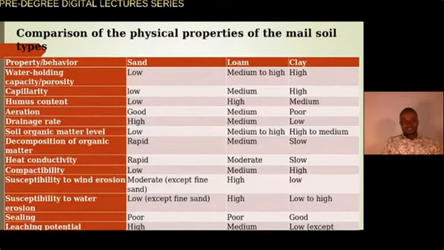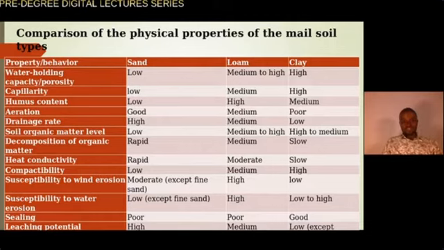The table here gives a comparison of the physical properties of the main soil types. The first column is the property or behavior of the soil. We have the sandy soil, the loamy soil, and the clay soil. The first property here is water retention capacity, or the porosity.